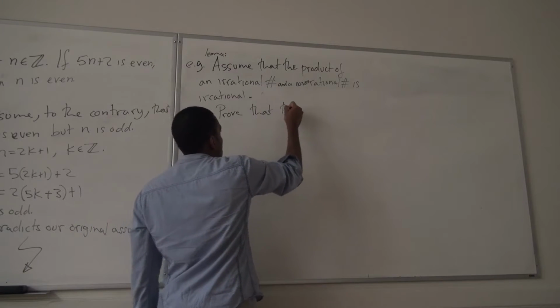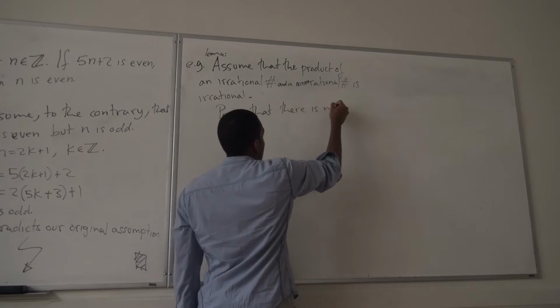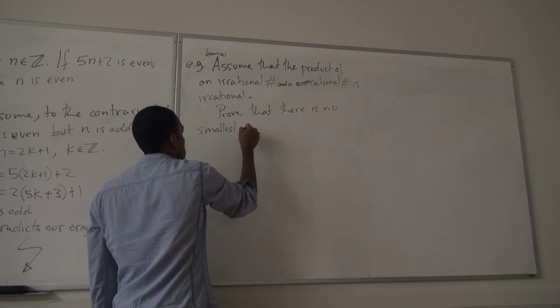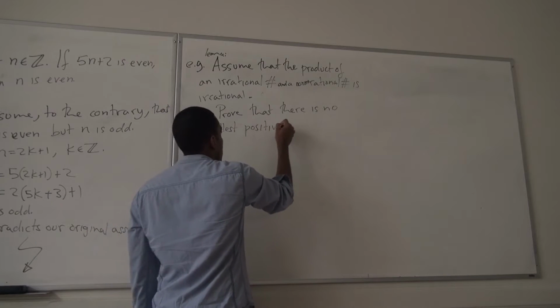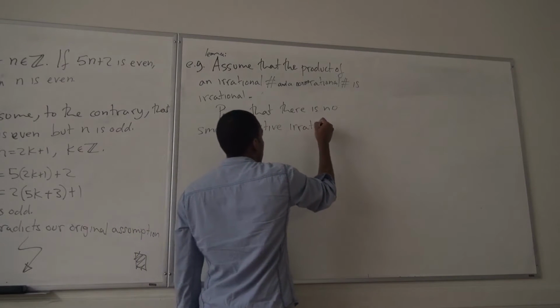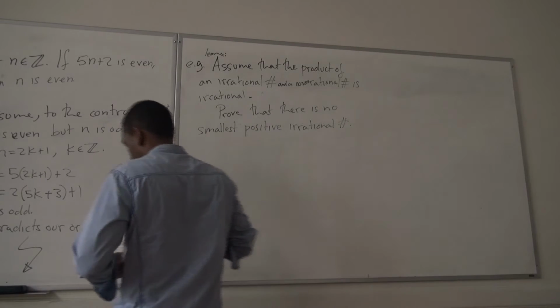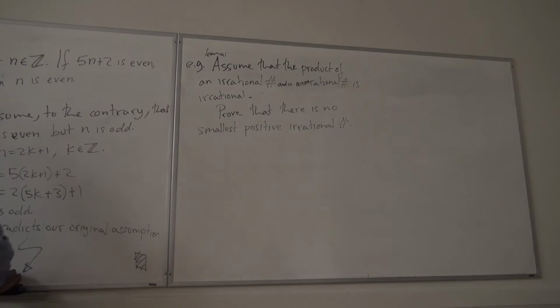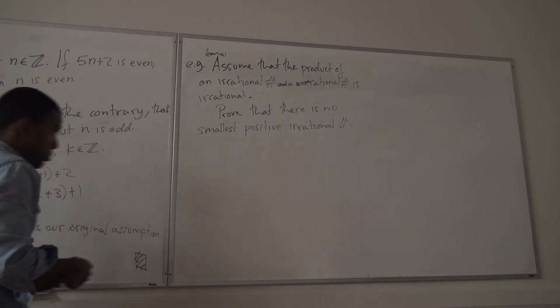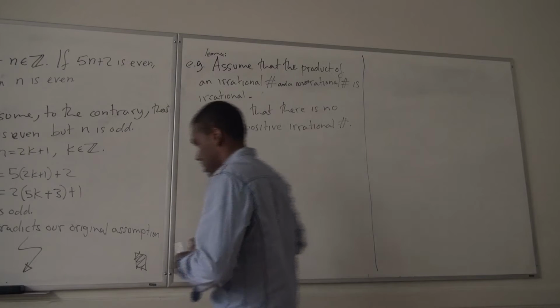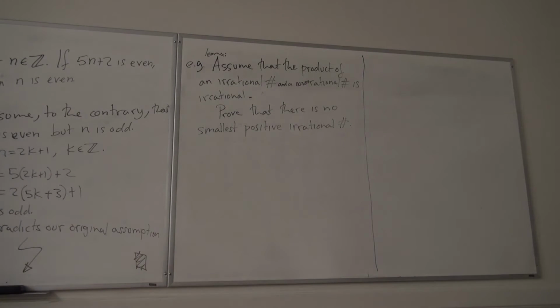Prove that there is no smallest positive irrational number. So how would you do this? Right.